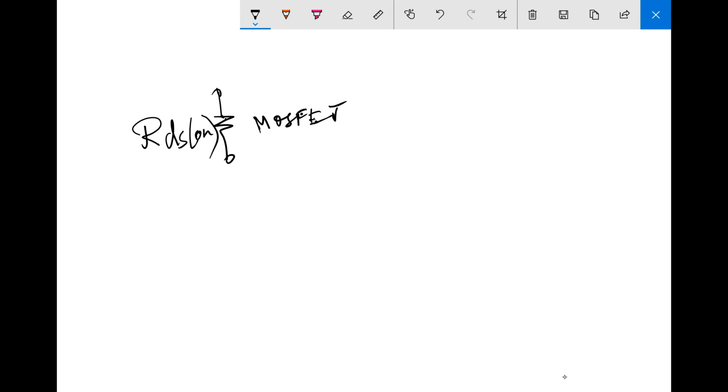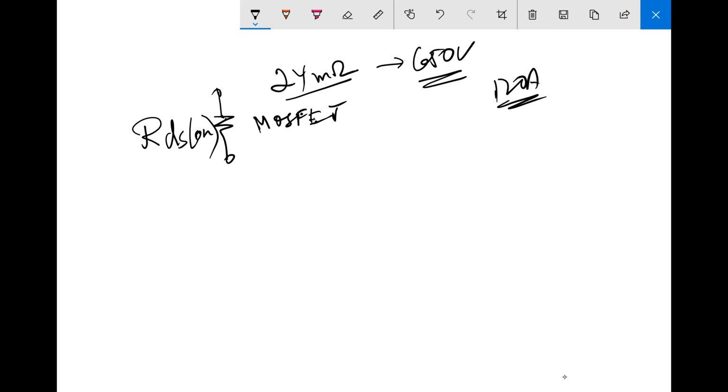This is the resistance of the transistor. In this particular case, it's 250 milliohm, and for a 650 volt device, that's very nice. It's 120 amp. This is why 120 amp are allowed, because of the very low resistance.